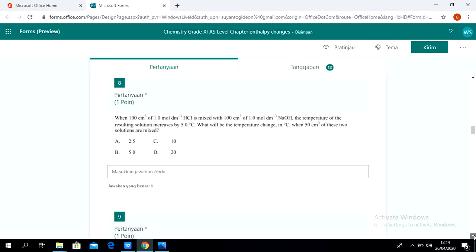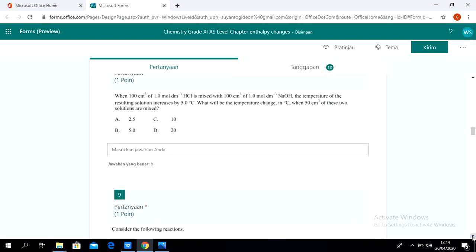Next, when 100 cm³ of 1 mol per dm³ HCl is mixed with 100 cm³ of 1 mol per dm³ sodium hydroxide, the temperature of the resulting solution increases by 5 degrees Celsius. Both of them are in the same volume and the same concentration.